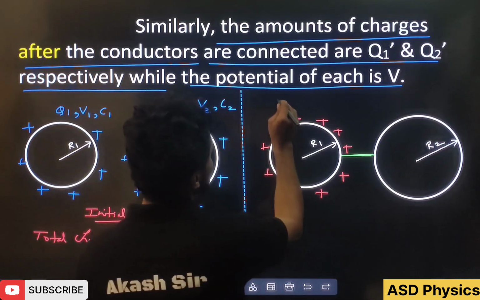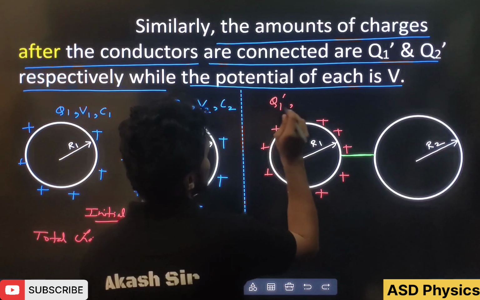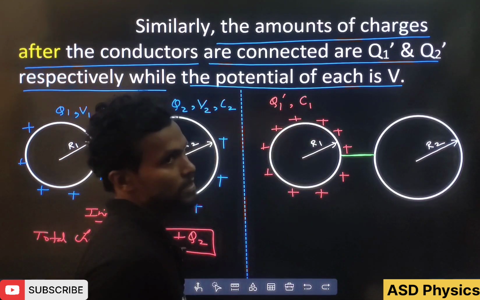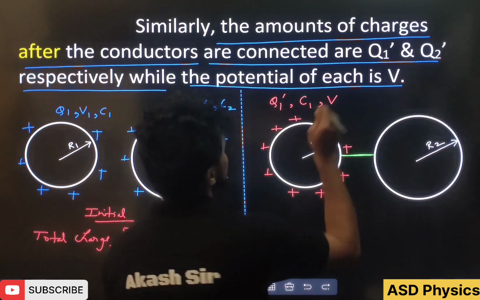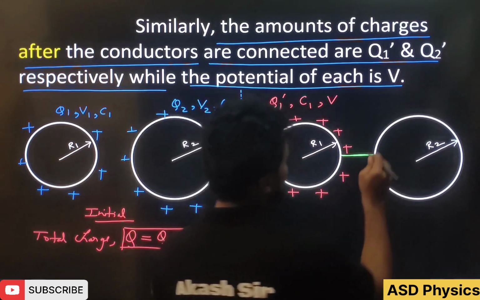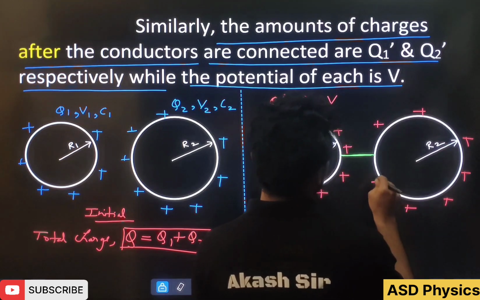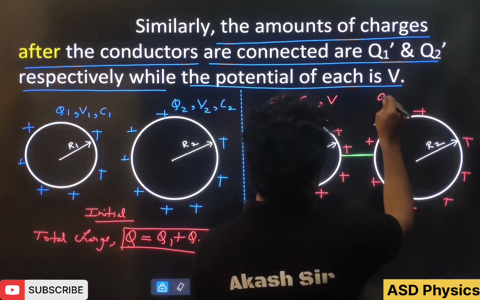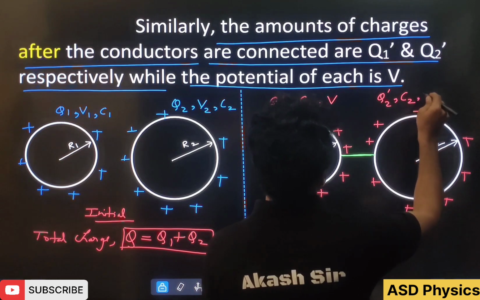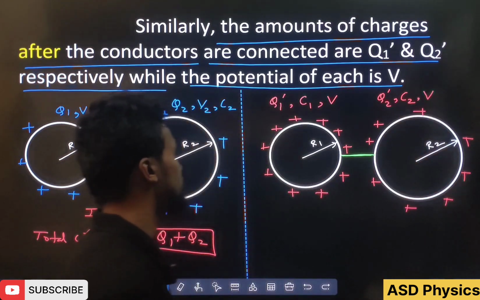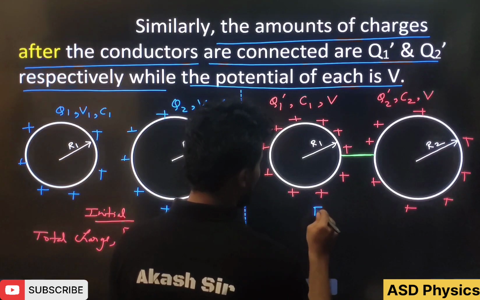At that time, let's take the charge as Q1 dash. As we have seen, capacitance does not depend upon the charge, so it is the same C1 only. And the potential is a common potential V. Similarly, for the other conductor, the charge is Q2 dash, the capacitance is C2, and the common potential is V. This is the final situation.